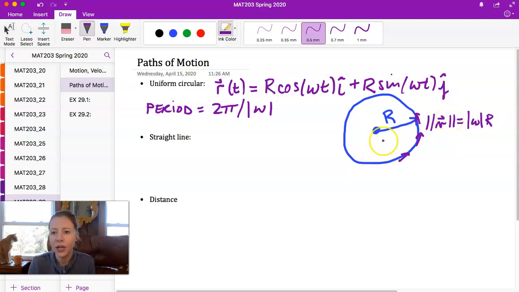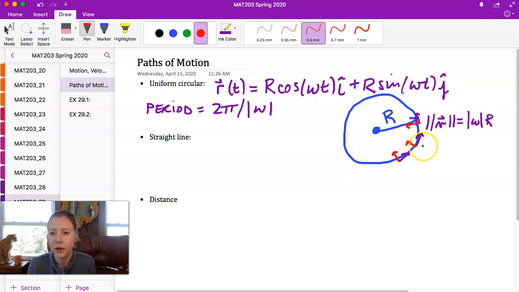And the acceleration is going to be perpendicular to the velocity, pointing inward towards the center of motion, so towards the center of our circle.